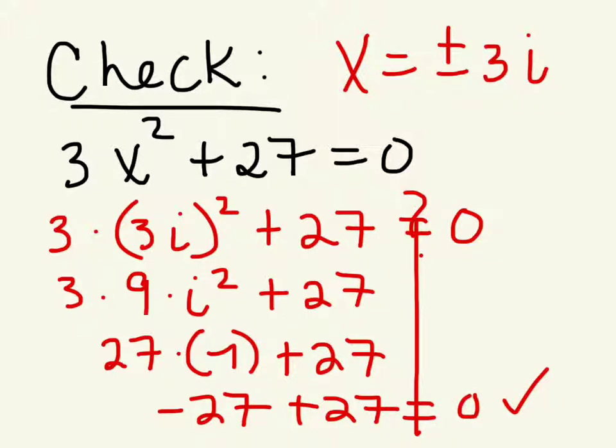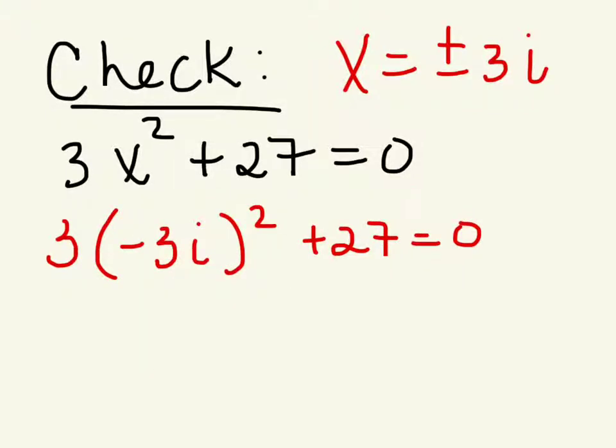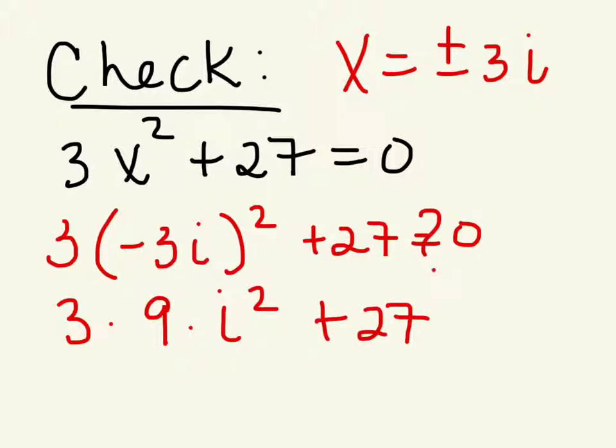The same thing will hold true if I plug a negative 3i in. So now that I have a negative 3i in for x, I have negative 3 times negative 3, which is positive 9, times i squared plus 27. Again, we're verifying if, in fact, this is equal to 0.